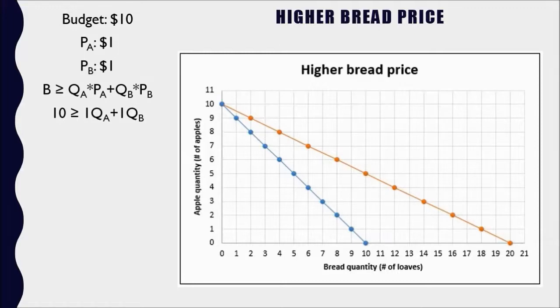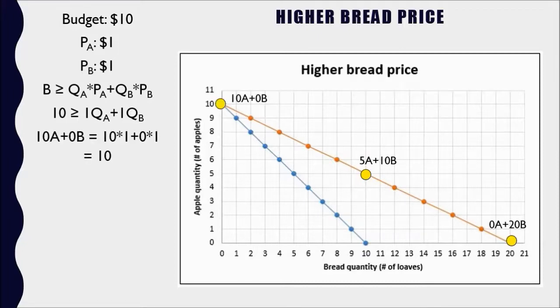Since the price of one product increased, that means our consumer will be able to purchase fewer goods than before, meaning that some of the combinations of goods that were previously available for the consumer are no longer affordable. However, there is one combination of products that is still affordable for the customer: 10 units of apple and 0 units of bread.